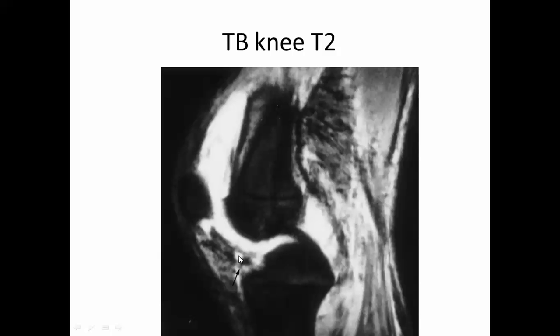Avulsed part here, cystic changes or destruction. So we have bursitis, synovitis, and cystic changes with edema of the periarticular soft tissues, periarticular soft tissue edema.